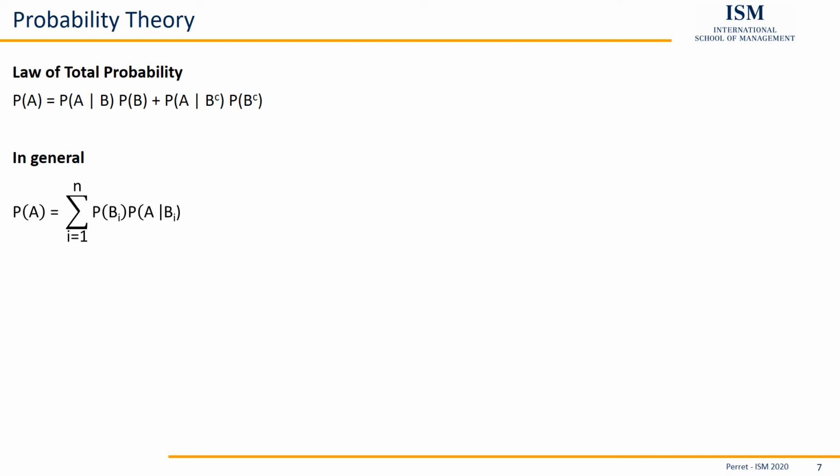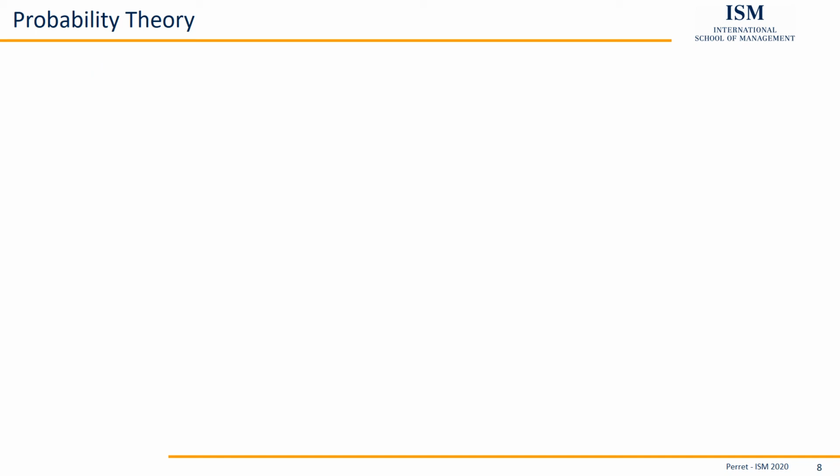In other words, the probabilities of the B_i here, if I add up all of them, I need to end up with 1, with 100%. Okay, so much again for the general theory on this law of total probability. Let's have a look at an example to make this perhaps a bit clearer still.